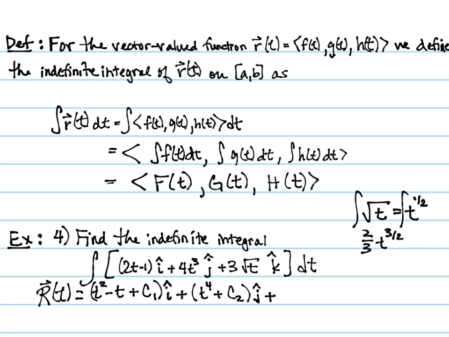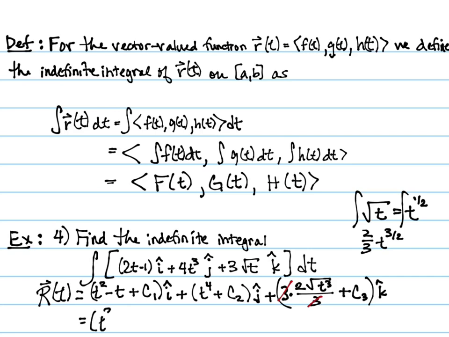And then if we change it back into that radical notation, it would be 2 times the square root of t cubed over 3, that'd be one way to write it. Times 3. At the beginning of it, I missed that part. Thank you. Yes, there's a 3 right there. So we'll take one step to clean that up, and then we have our plus C3 here, right? And then k. So on this one, the 3's will cancel.